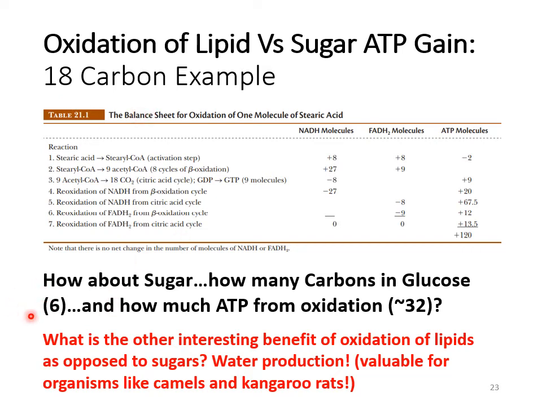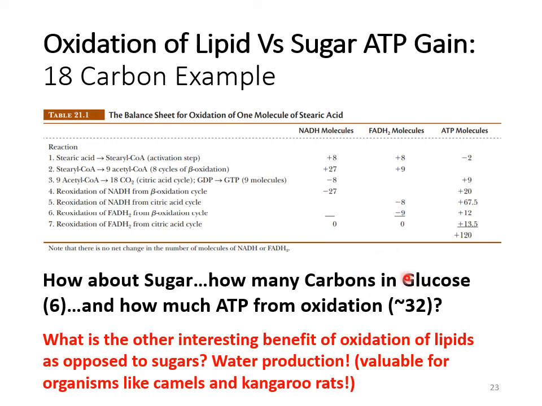Now, with each of those glucose molecules, when you go through oxidation, you only get approximately 32 ATP yield. Sometimes you'll see it listed as 32 to 36, sometimes even as much as 38 if you're looking at a prokaryote, but ultimately we usually estimate it around 32 ATP from a single glucose. So now, even if you want to make this truly comparable to the lipid example, and you say, well, the lipid is 18 carbon, so let's make the glucose 18 carbons as well.